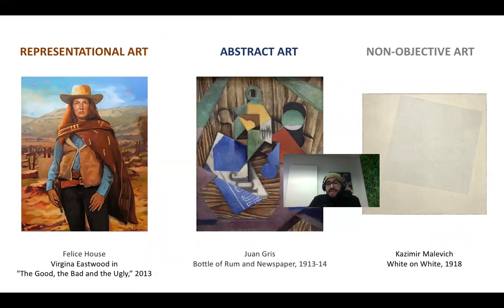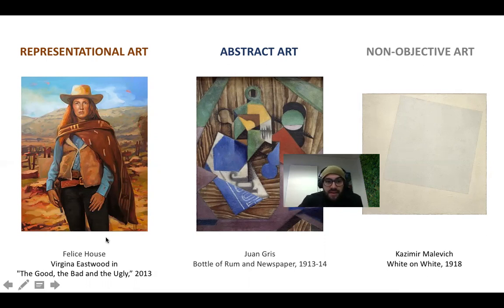Reasons I'm moving into this as well is because we are creating an assignment where we're taking something that is representational and using processes to move it into a more abstract format. All right. So here are three images to give you an idea of what each of these terms mean. We'll get into detail in the next few slides.